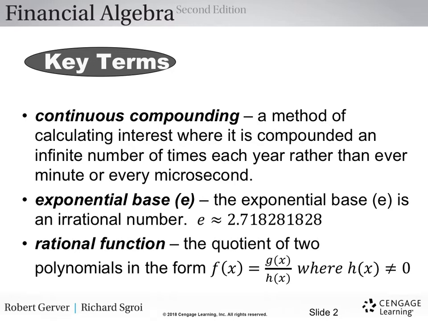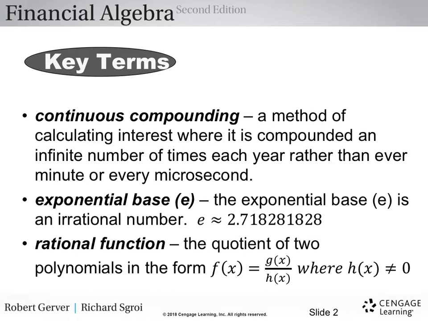The key terms in this section are going to be continuous compounding, which is a method of calculating interest where it is compounded an infinite number of times each year rather than every minute or even every microsecond. Another term is exponential base, or e.